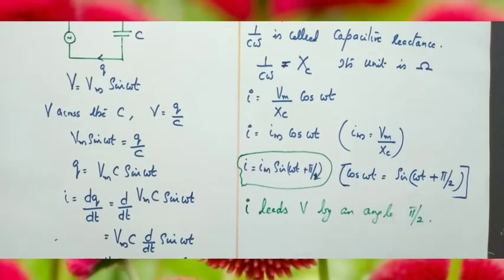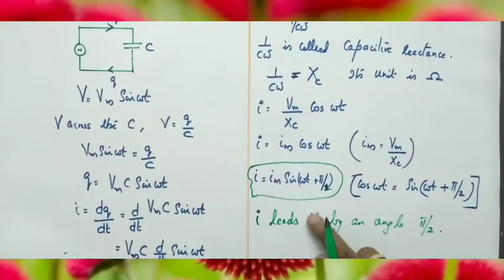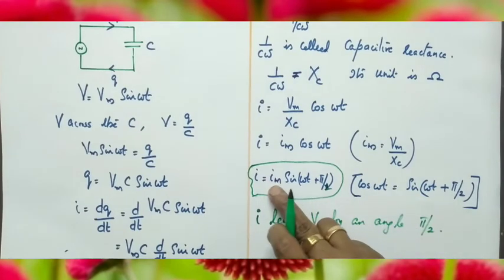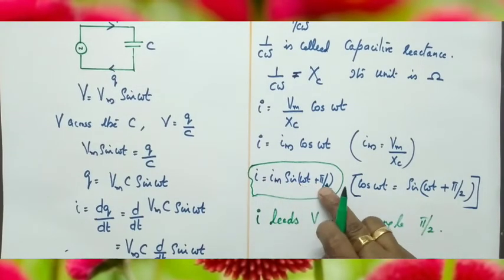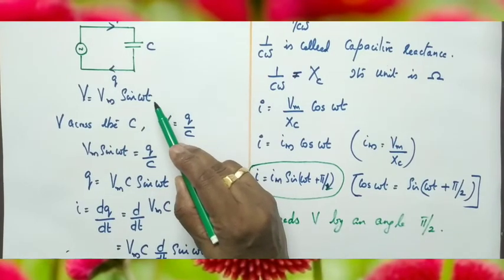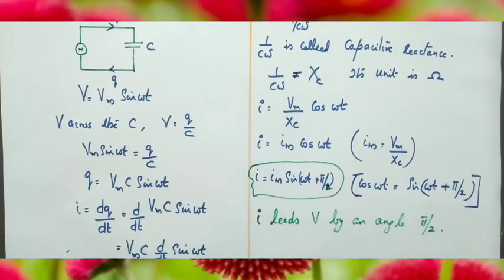In the case of an inductor, we have studied when AC voltage is connected to an inductor, current lags voltage by an angle pi by 2. Similarly, when AC voltage is connected to a capacitor, current leads voltage by an angle pi by 2, because I equal to Im sine omega t plus pi by 2 and voltage is Vm sine omega t. Clear?